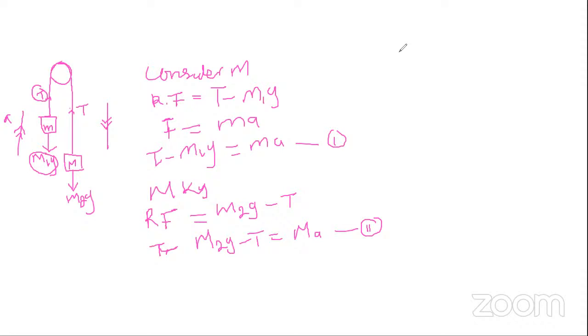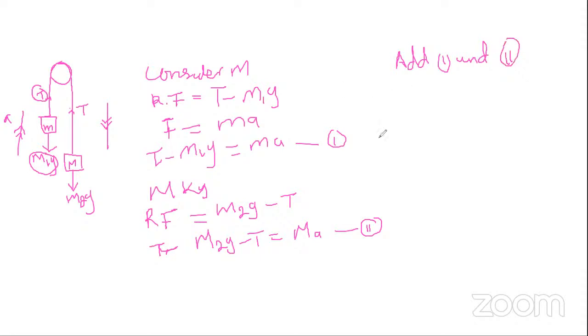Here, we see that we are going to solve simultaneously and we eliminate the tension, since the upper one is plus and the lower one is minus. So we can add equation 1 and 2.